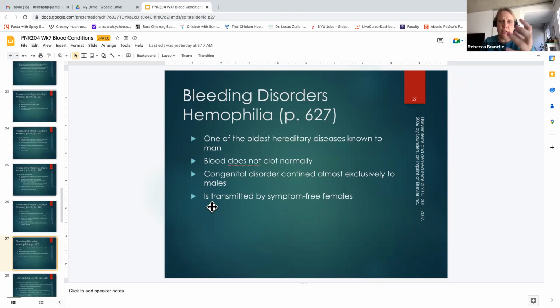So a boy receives an X chromosome from his mom and a Y chromosome from his dad. So boys only need one copy of the gene to have the disorder. A woman, I'm sorry, if you're a woman, you would need two copies.